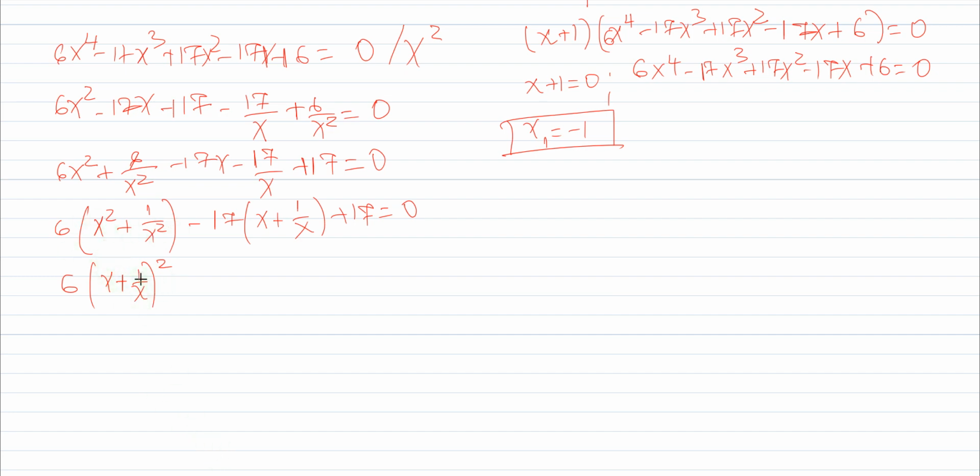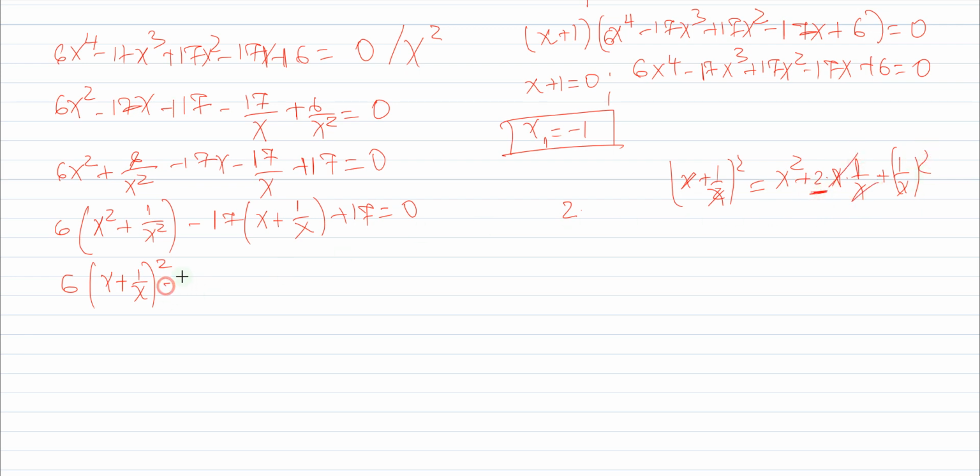If this is x plus 1 over x squared, it is x squared plus 2 times x times 1 over x plus 1 over x squared. So the cross terms give only 2.